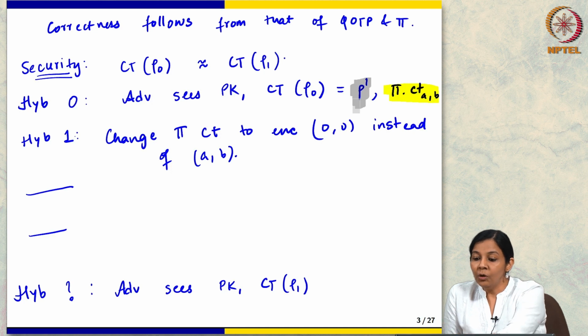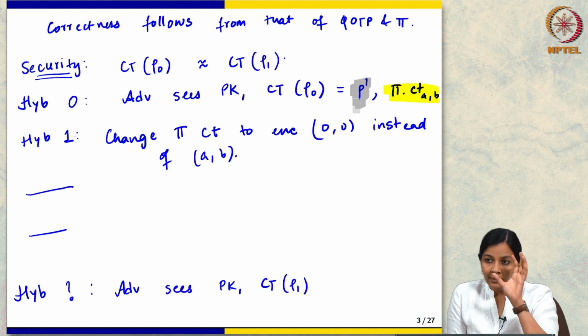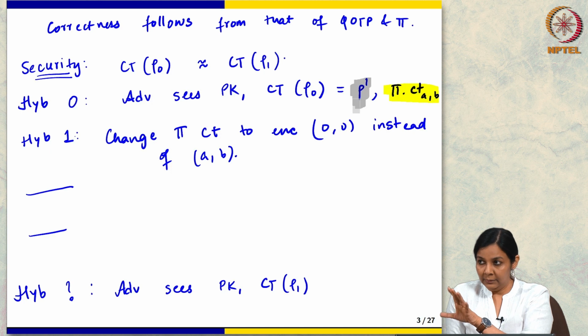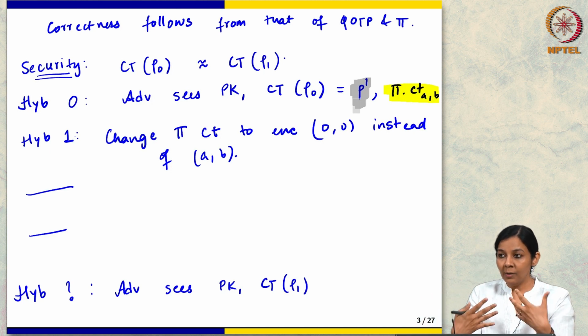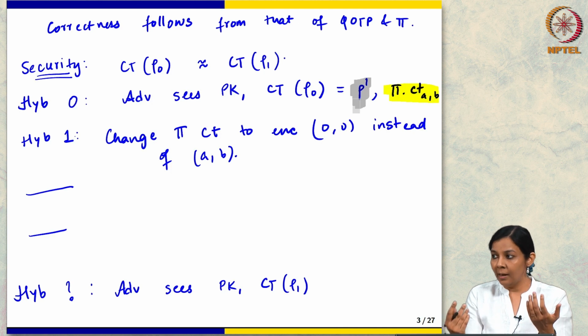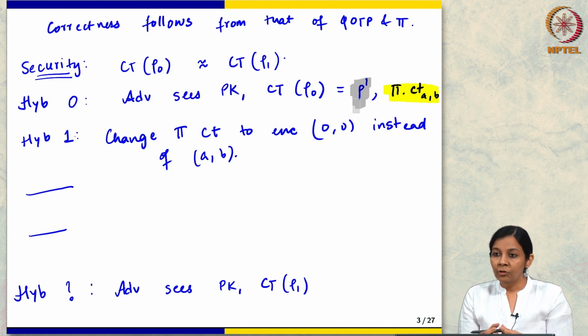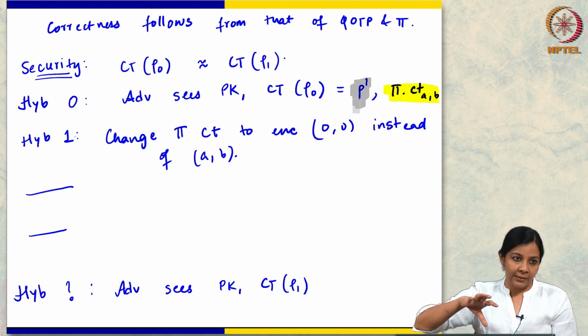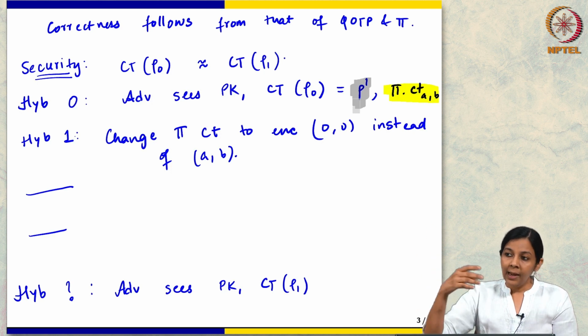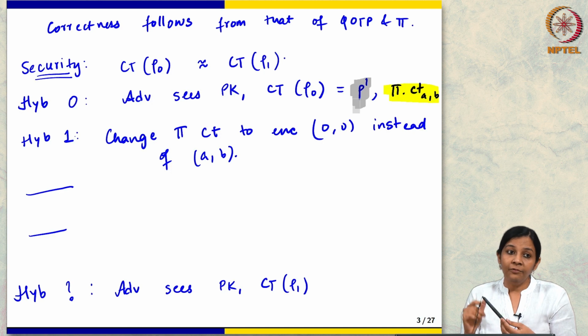So, these two components in the ciphertext, the QOTP and the classical ciphertext, are correlated because they share AB. So, if you simply throw away one and replace it with another, then you need a very careful argument to say that the distribution does not change.